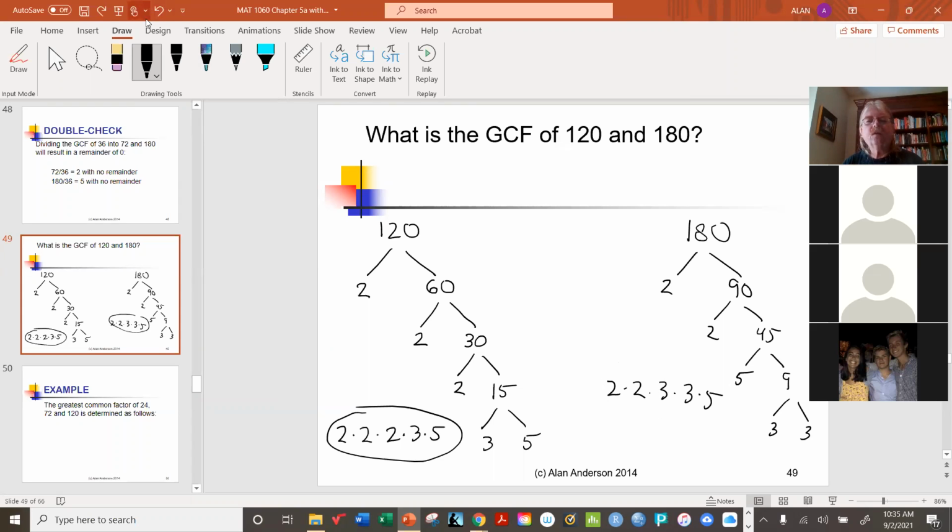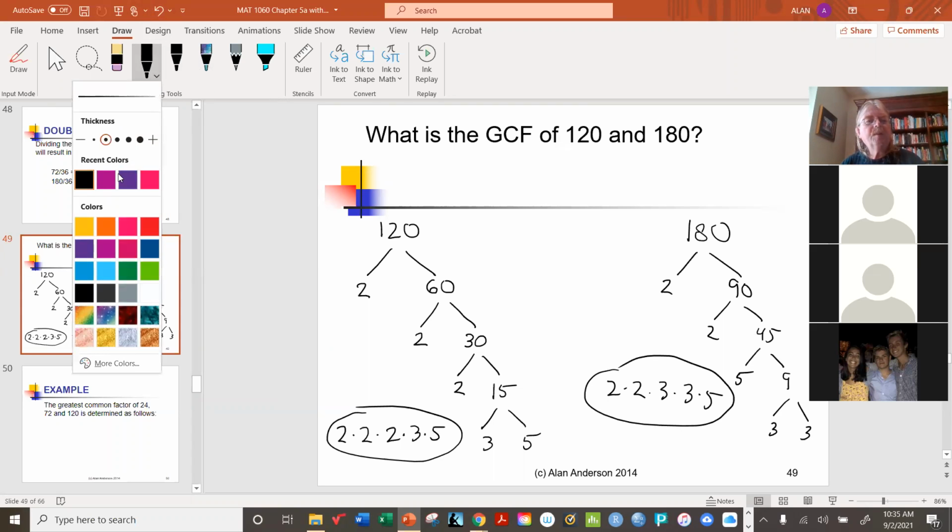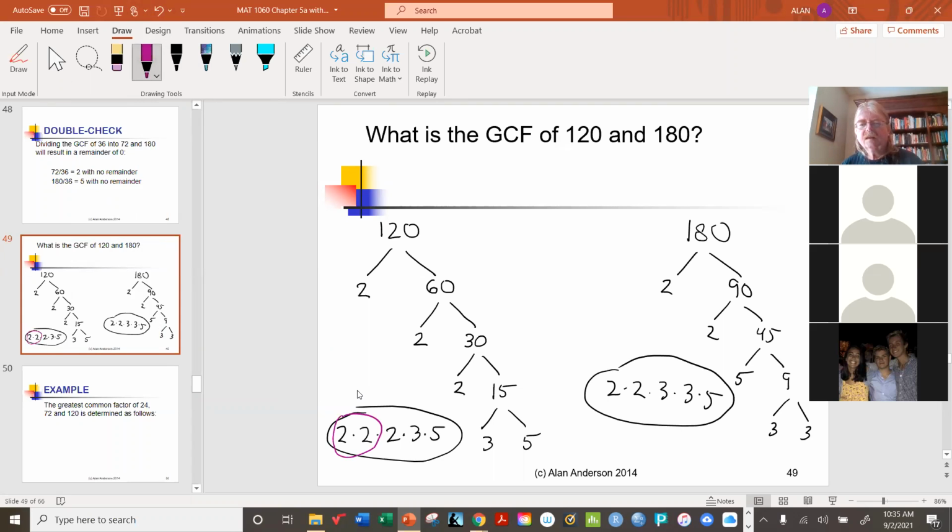And so what we're searching for is, what do they have in common? Okay, so it looks like they both have a pair of 2s and a pair of 3s. No, sorry, only one 3. And 3 and 5, that's right. Okay, 3 and 5, I see it now.